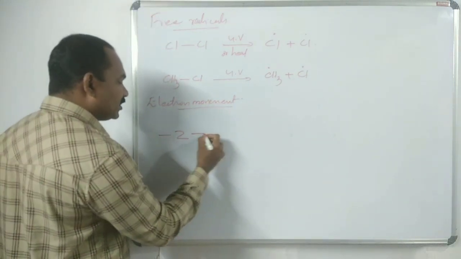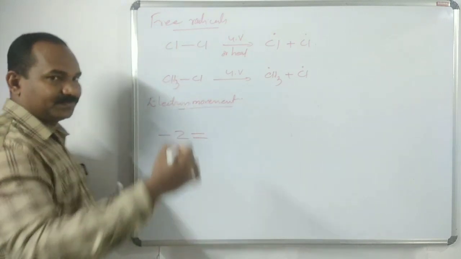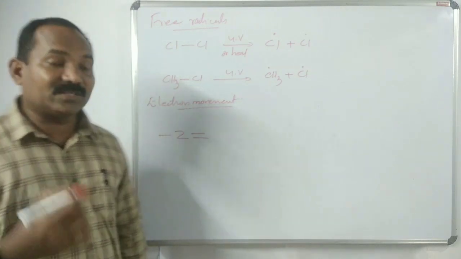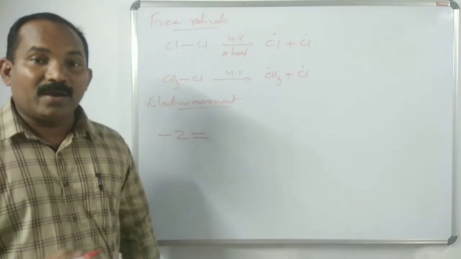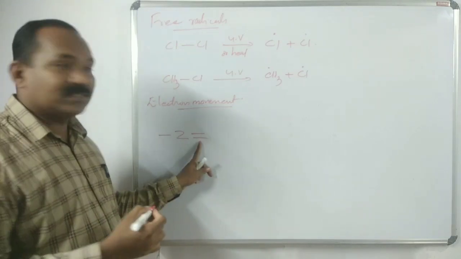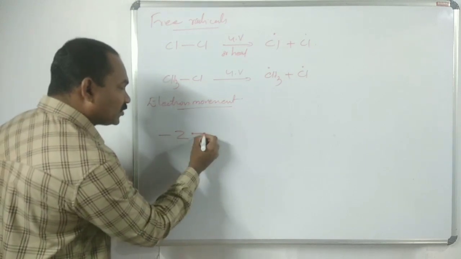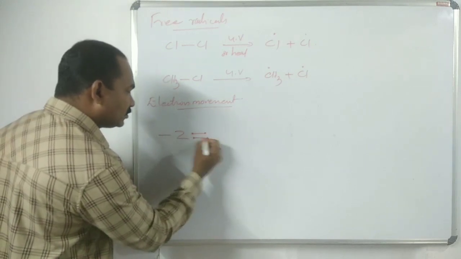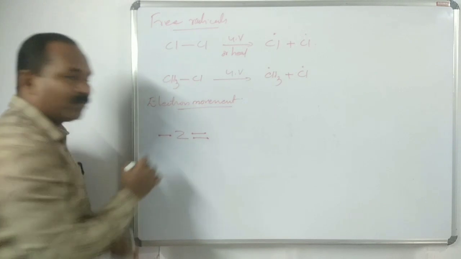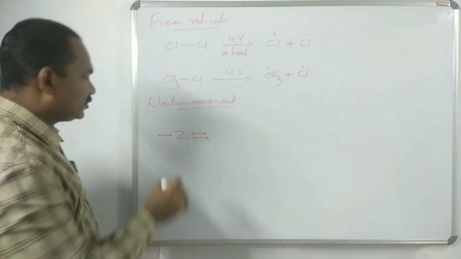An atom Z is bonded with a single bond as well as a double bond. A bond is formed by 2 electrons.